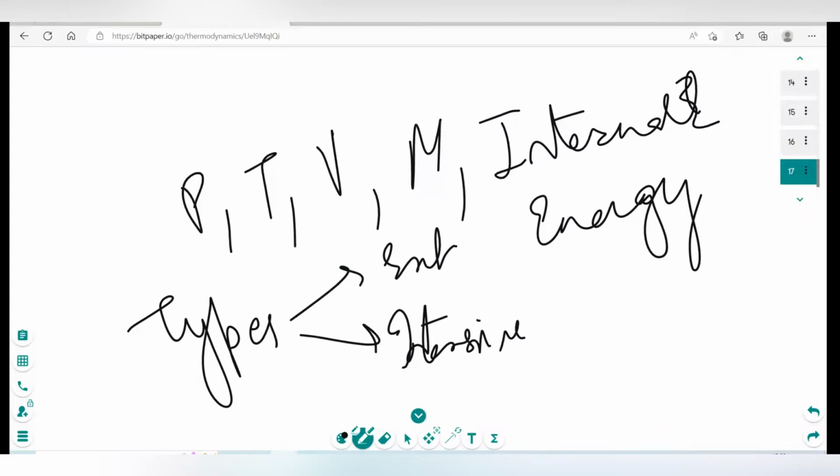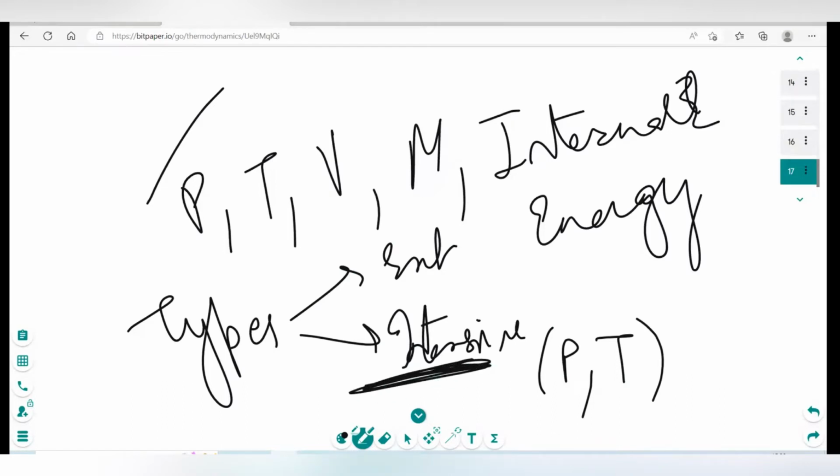Is pressure extensive or intensive? Quickly. Pressure is intensive. Okay. Temperature? Temperature is intensive. Intensive means which does not depend on the size. Does pressure depend on size? No. Temperature?